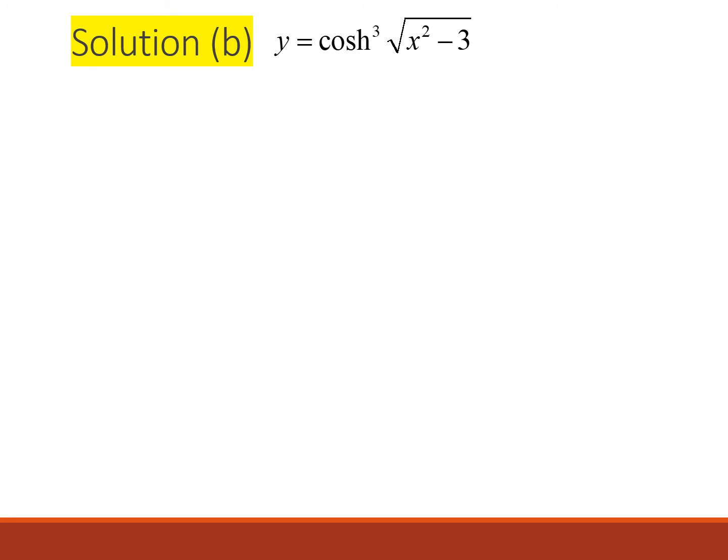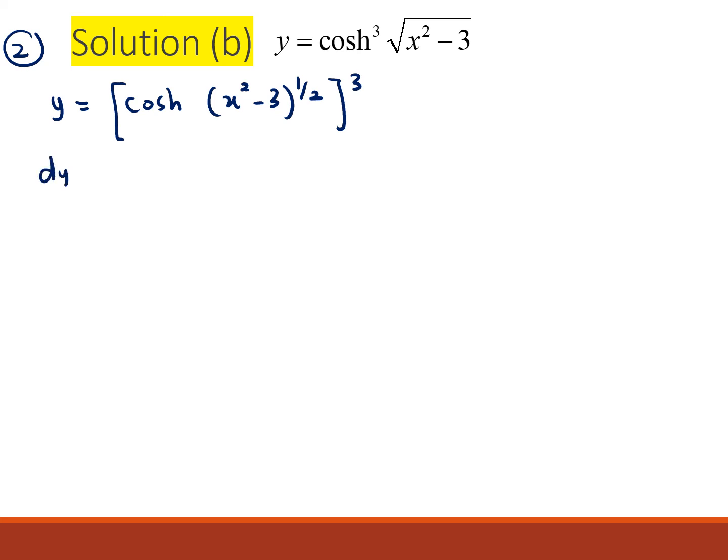Or another method is, I will rewrite this as cosh of x squared minus 3 to the power of half, and this all is to the power of cube. So first we need to differentiate the outside function, which is the cube function, the power function, and keep the inside function.